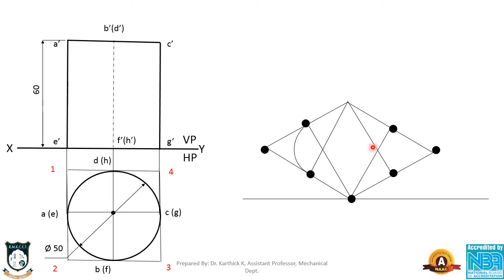Similarly, this point as center, this point as radius, you make an arc. Then this point as center, this point as radius, you make an arc. Similarly, this point as center, this point as radius, you make an arc. So now the circle is completed.